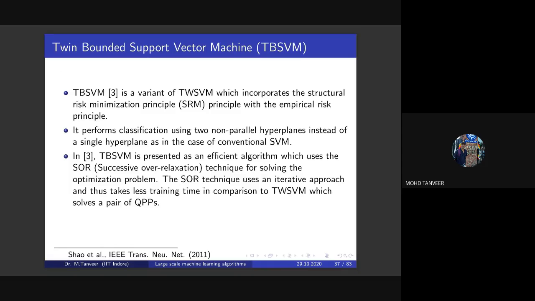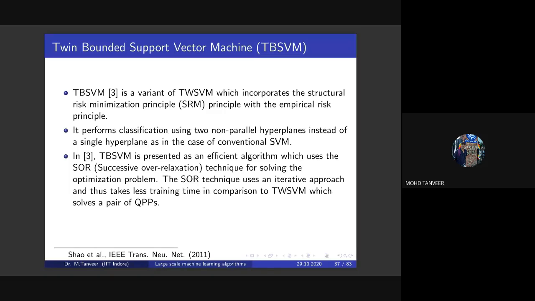Those issues are resolved in the next formulation. This paper came four years later, in 2011, by Shao et al. in IEEE Transactions on Neural Networks, called the Twin Bounded Support Vector Machine. It's an improved version of Twin SVM, the last algorithm.